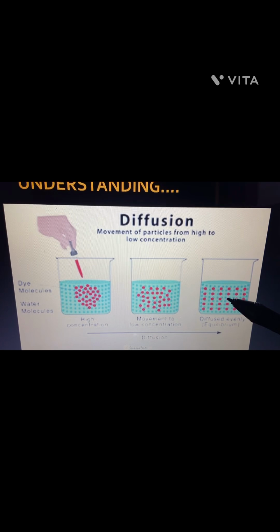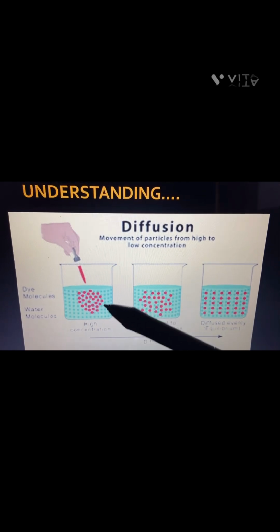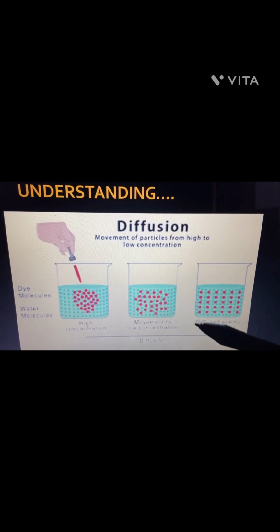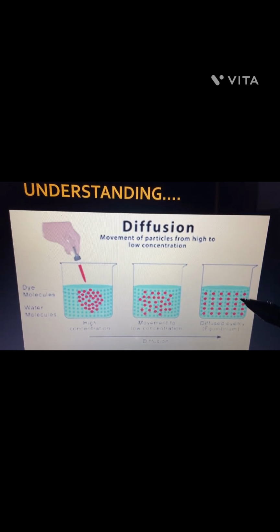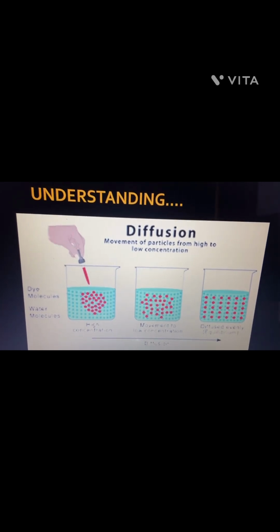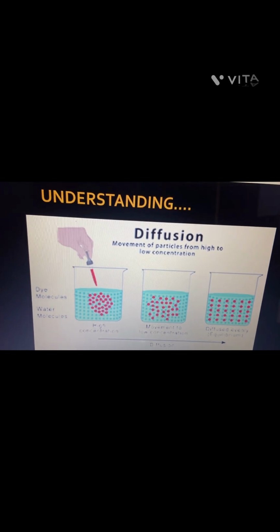So in diffusion, what is going on? The molecules are moving from high concentration until equilibrium is achieved. So this is a state of equilibrium in which all the dye molecules get equally diffused into the solution. So this is the process of diffusion.